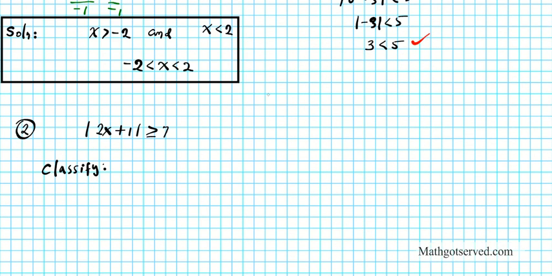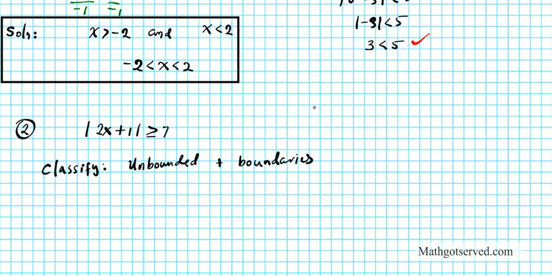So for the classification, it's going to be unbounded for the greater than, plus the boundaries, okay? Anytime you have a line under an inequality, you always have to add the boundaries too.